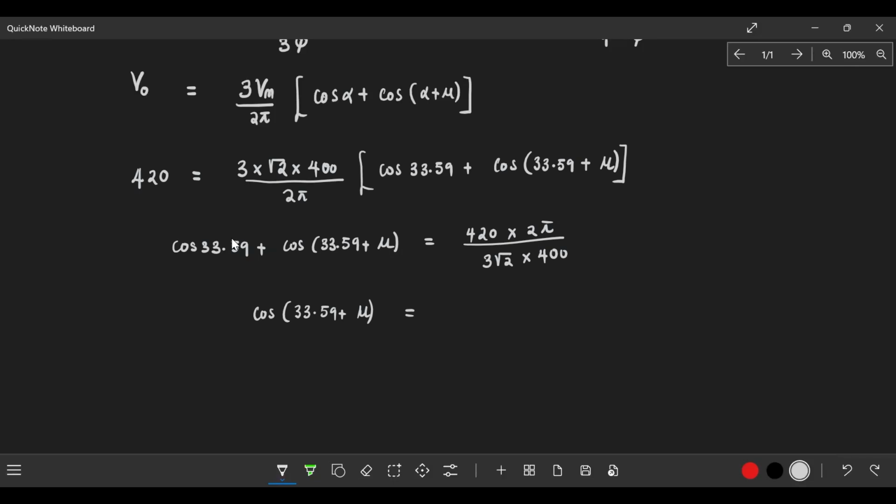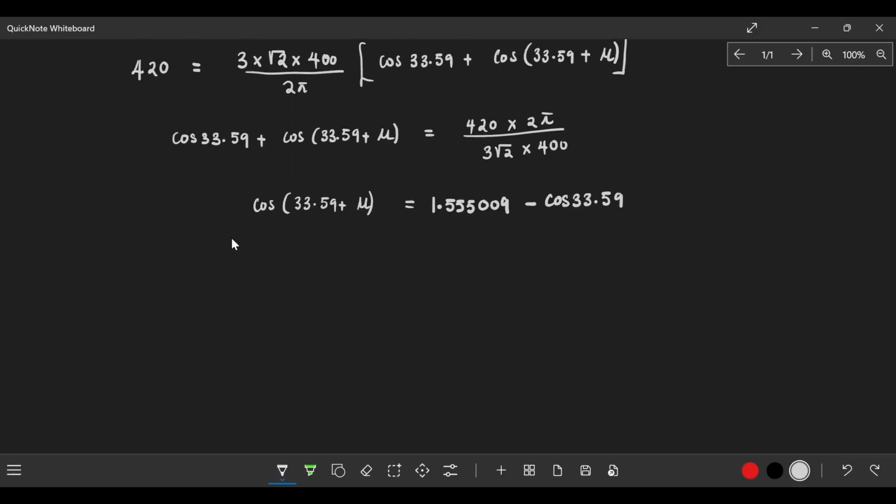So I have 1.55009, okay, and then minus cos 3.59. Now the next thing I can do is take the cos inverse of both sides. So let me first subtract these two.